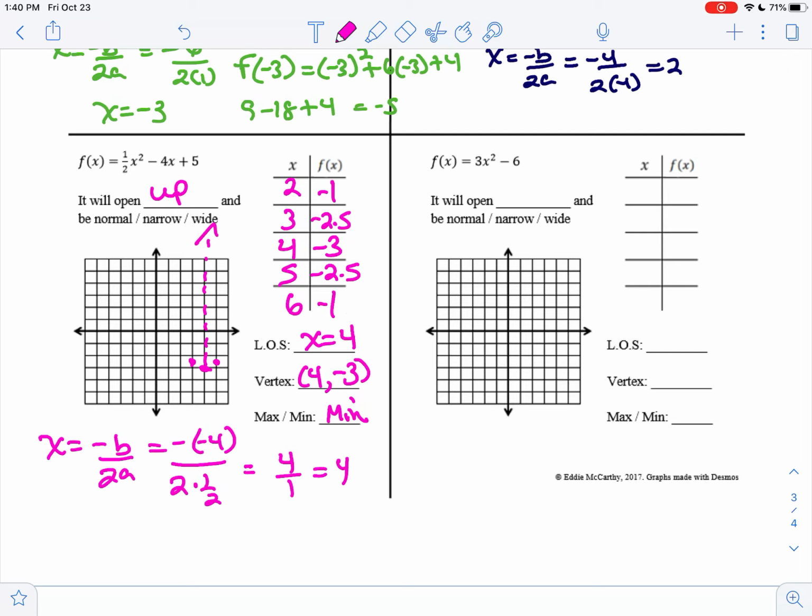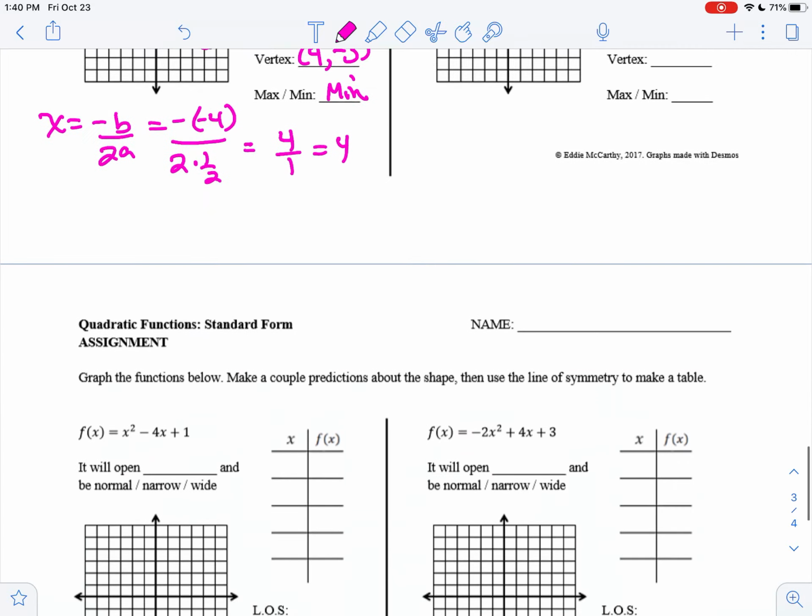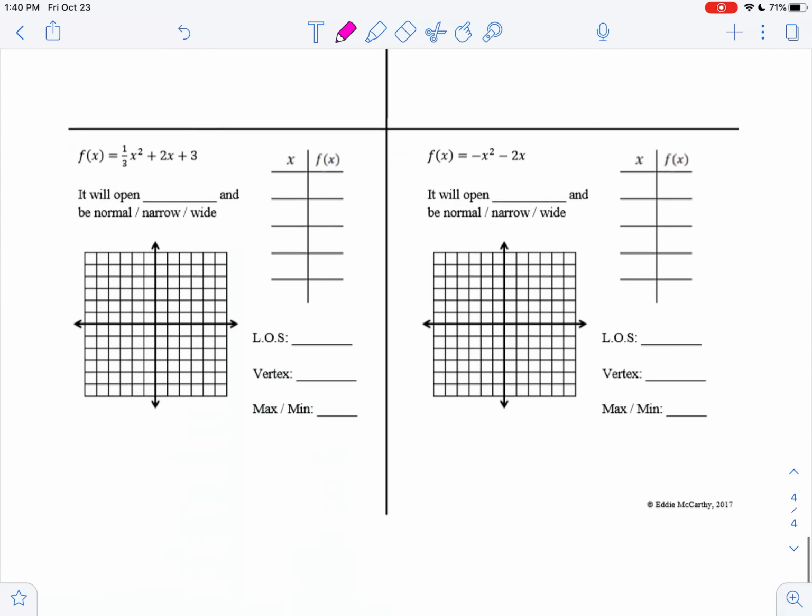So this graph is growing a little bit more slowly. Okay, so at 5, I'm at -2.5, so I'm right there with a match on the other side. At 3, -2.5. 2 gives me -1, and so does 6. So this graph is going to be wider than the norm. Again, that's because the a is between 0 and 1.